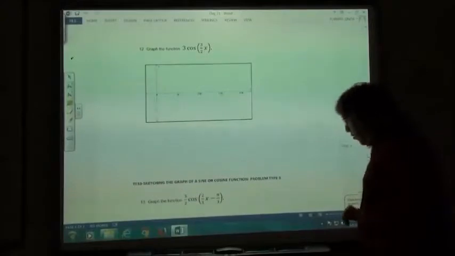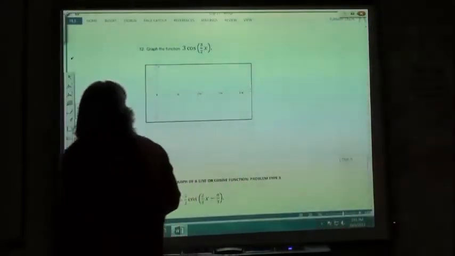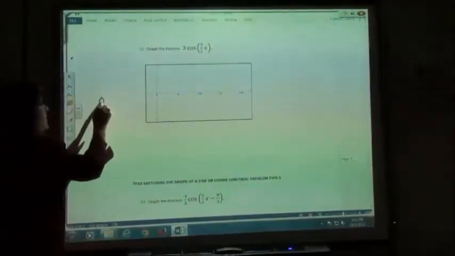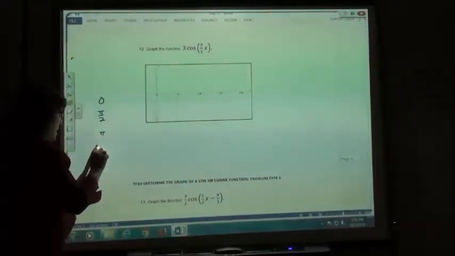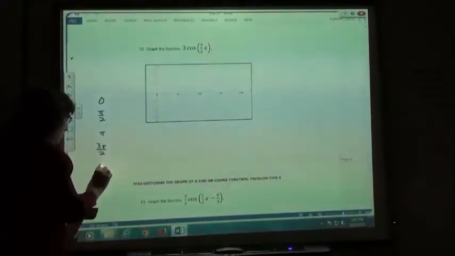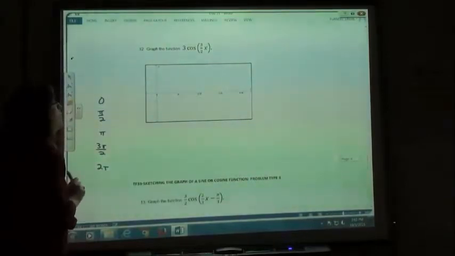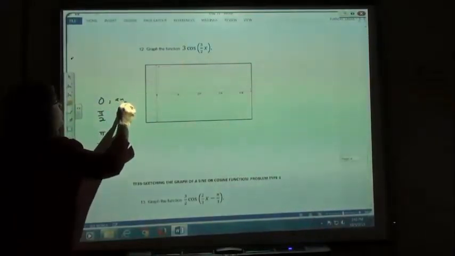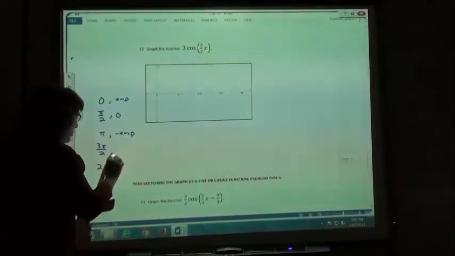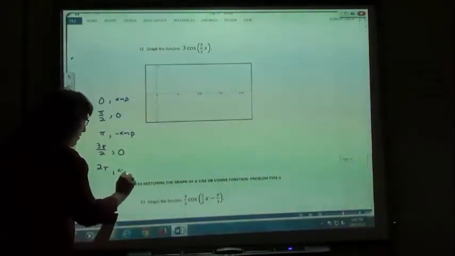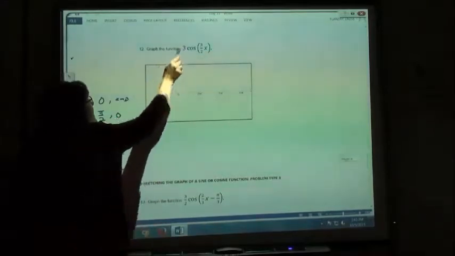Number 12, we are going to do our cosine function. So if we're going to do our cosine function, 0, pi over 2, pi, 3 pi over 2, and 2 pi. For our cosine, we have our amplitude, then we have 0, then we have the opposite of our amplitude, then we have 0, and then we have our amplitude, which in this case is positive 3.